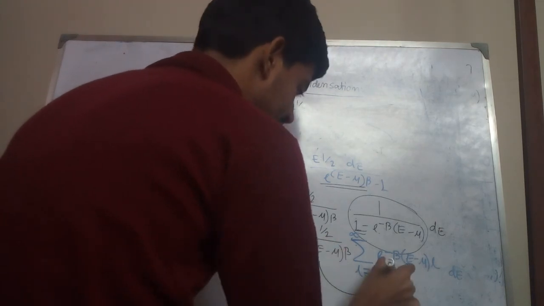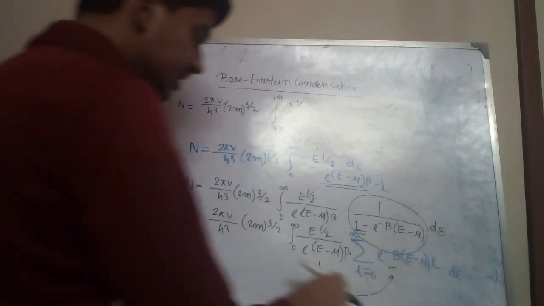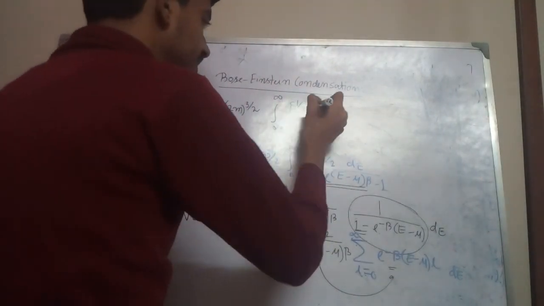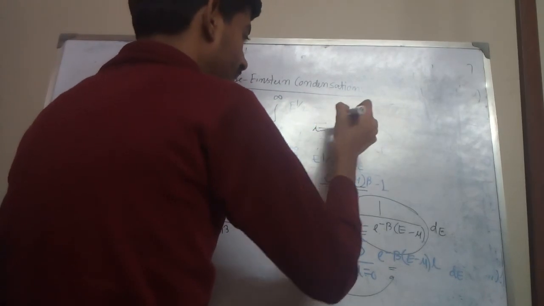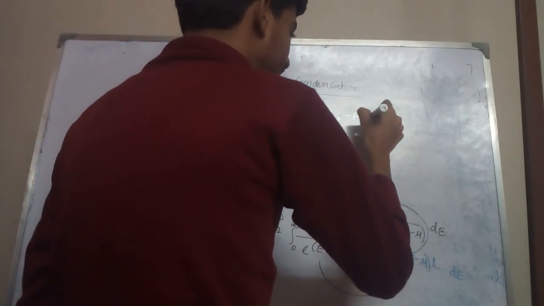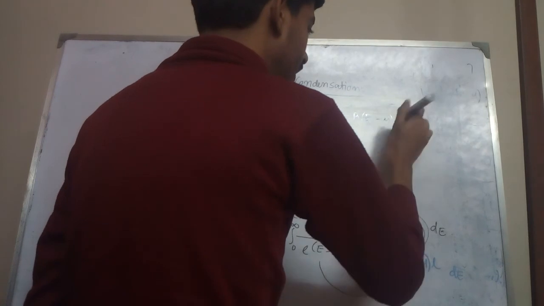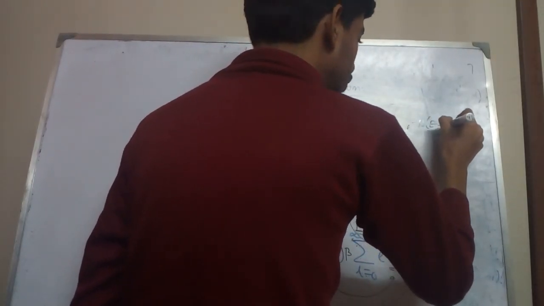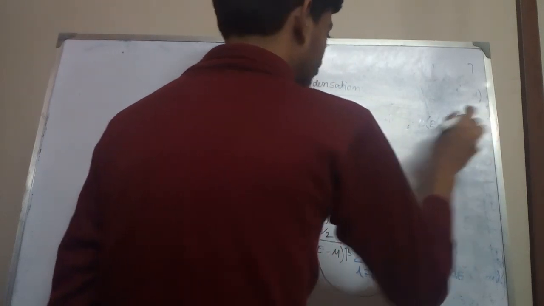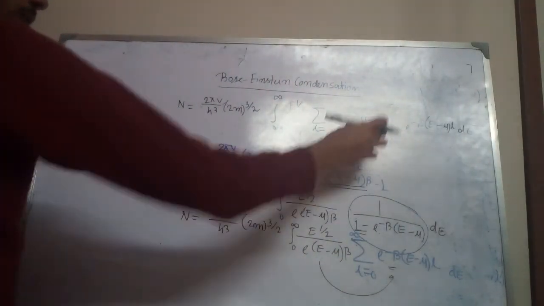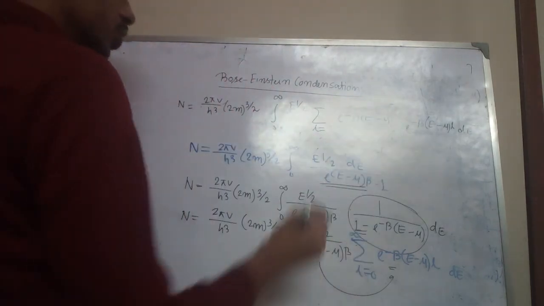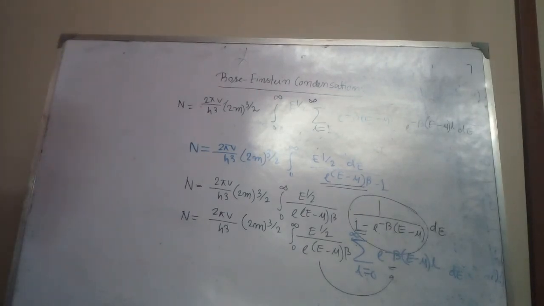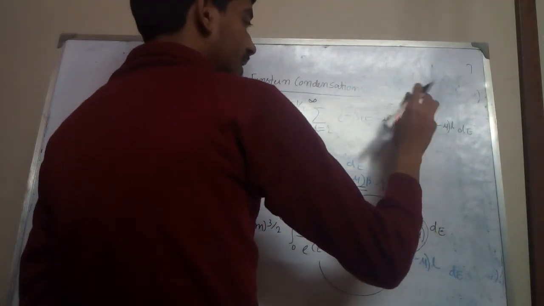We insert this term in the equation, therefore, this L, e to the power minus beta (e minus mu) into L, dE. If we put the value L equals 0, this term exists, so L runs from 1 to infinity.